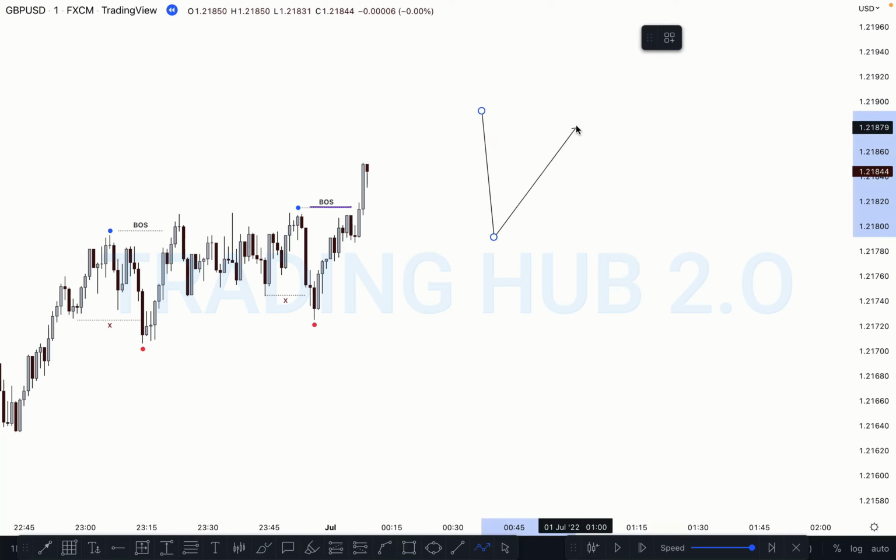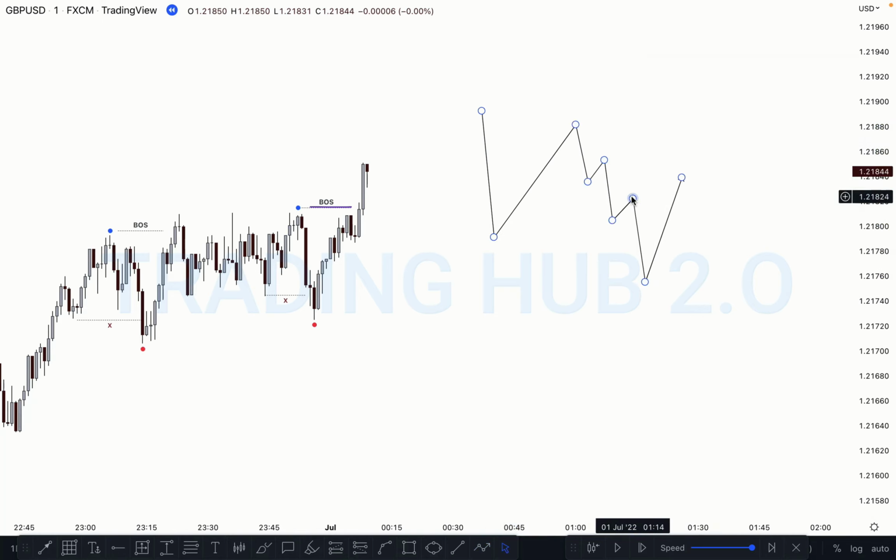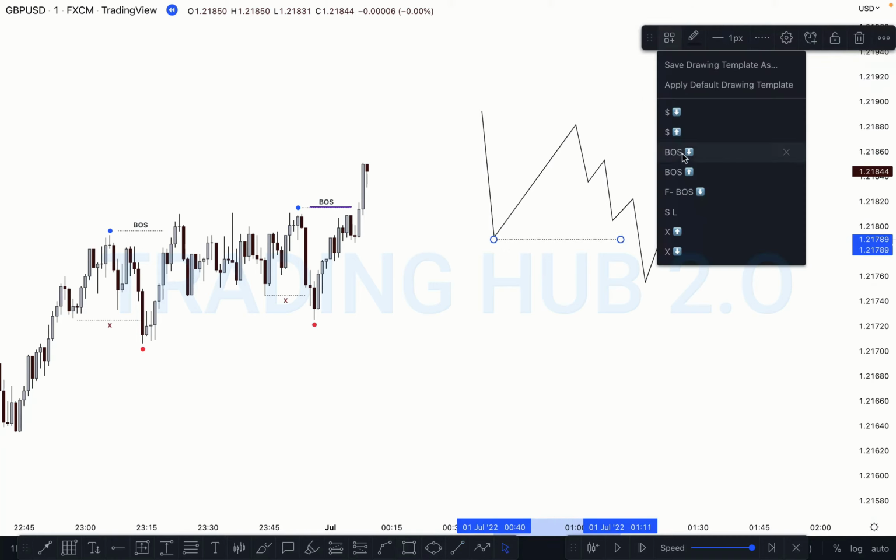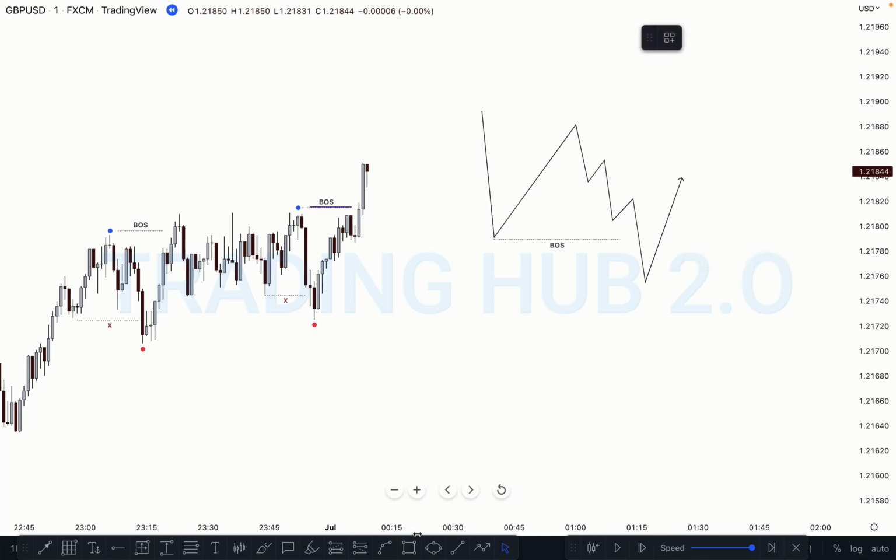For example, the market is bearish and breaks the structure, so this one is a break of structure. Price must take out the first recent high, which is here. When the market takes this high, this low is confirmed.